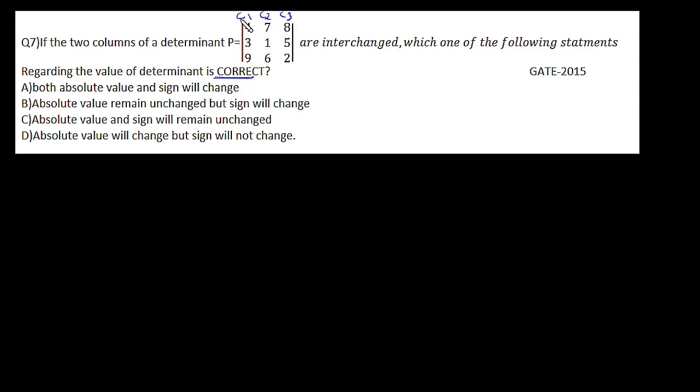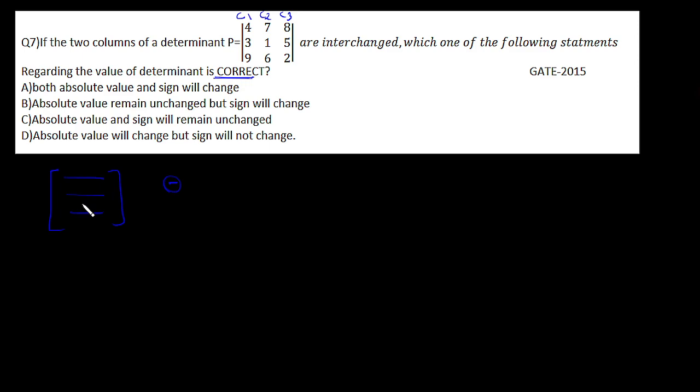Now we know from the basic concept, if we have any matrix here and we are finding the determinant, and if we interchange either the row or the column of any matrix once, then its magnitude does not change, but its sign will change.